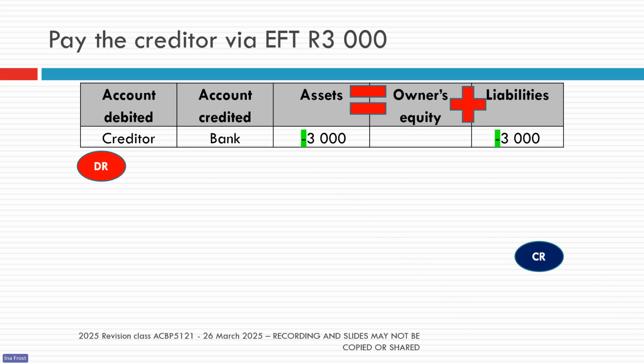And now my assets are going to decrease and my liabilities are going to get smaller. My assets are getting smaller because I have to use actual cash, take money out of the bank to pay the creditor. And my liability is getting smaller because instead of owing the creditor the full 5,000 rands, I'm now only going to owe them 2,000 rands.